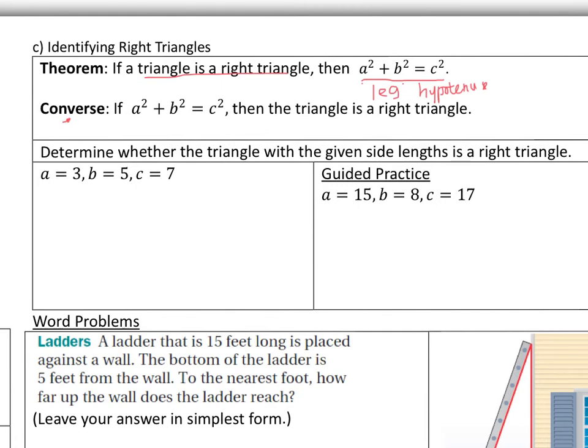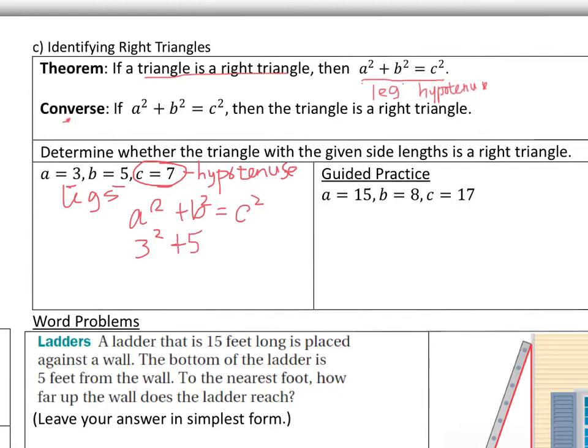Now we have 3, 5, 7. You can assume that 7 is your hypotenuse, the longest side of the triangle, and 3 and 5 are your legs. We can go ahead and use the theorem to test this. 3 squared plus 5 squared, is it equal to 7 squared?